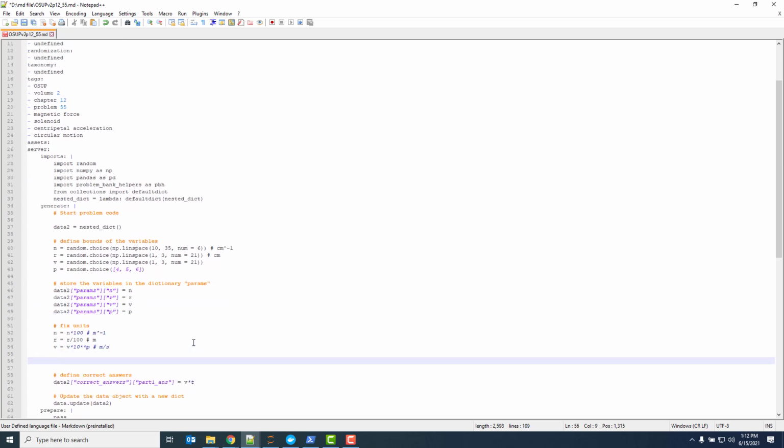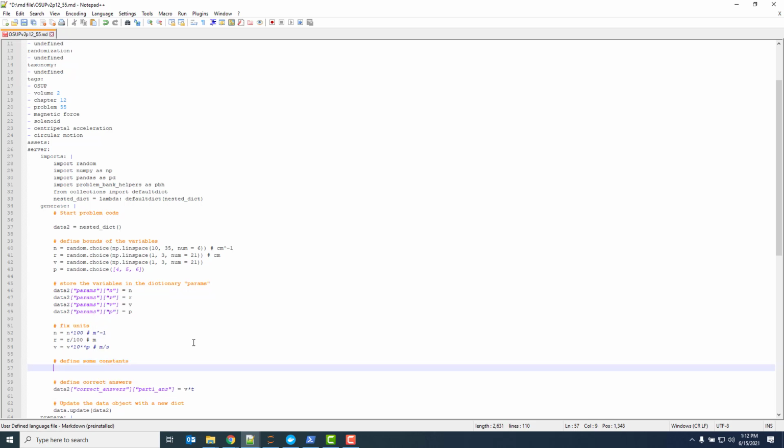Okay, if you remember, our question also had some constants that will be required. One of them was mu naught, the permeability of free space. So we can define some constants. Let's say mu naught is equal to 4 times 10 to the minus 7 times pi, and we'll use numpy for pi.